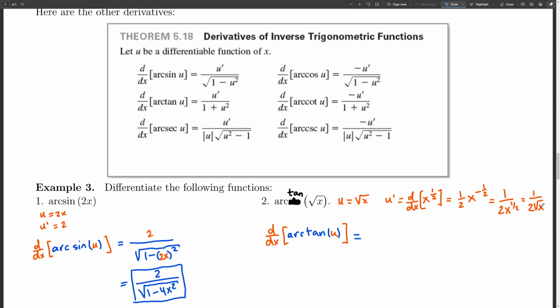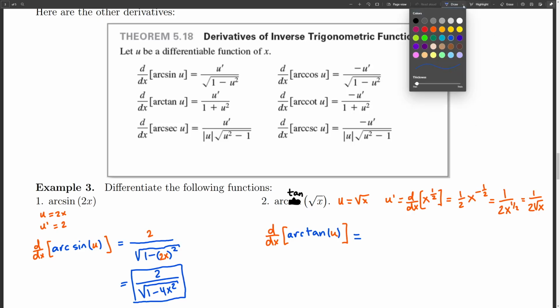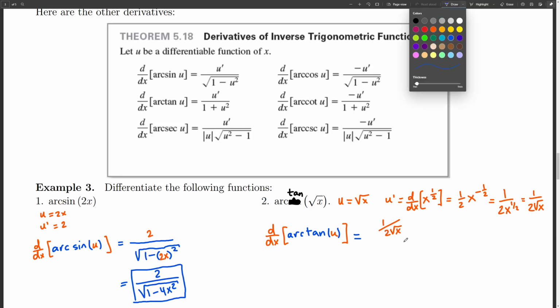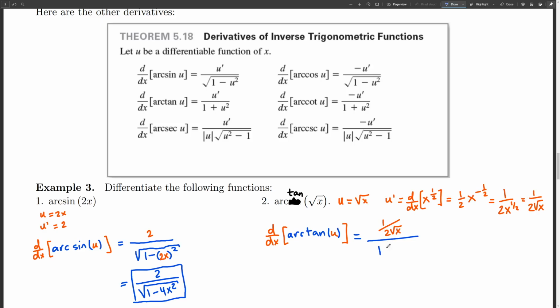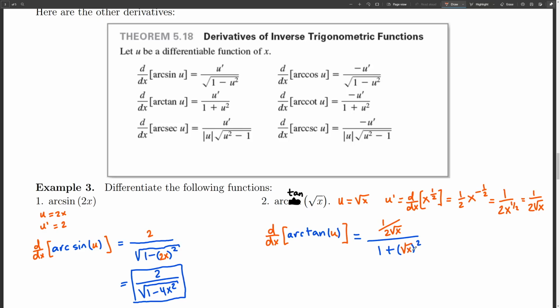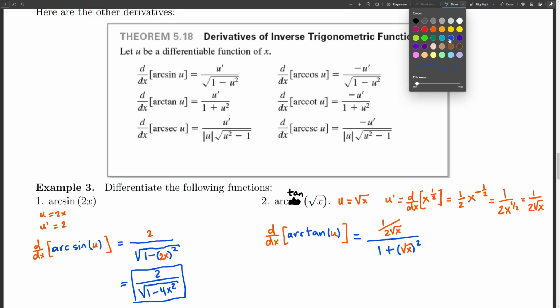So u prime is 1 over 2 times square root of x. So I put that in the numerator, and then I divide by 1 plus u squared. u squared, that is square root of x squared. So now I can rewrite that as follows.